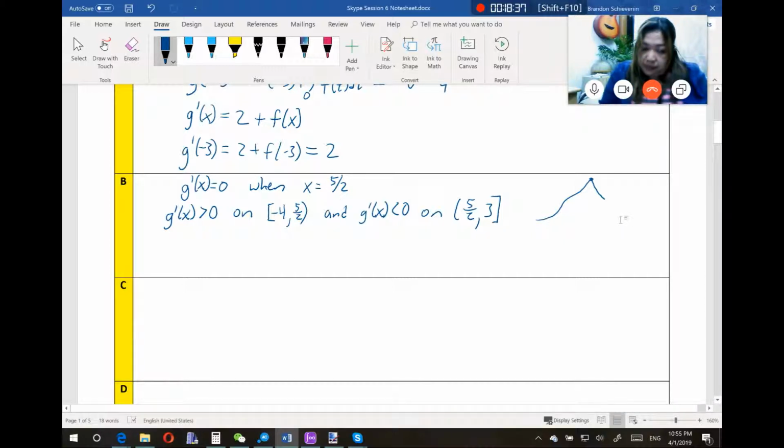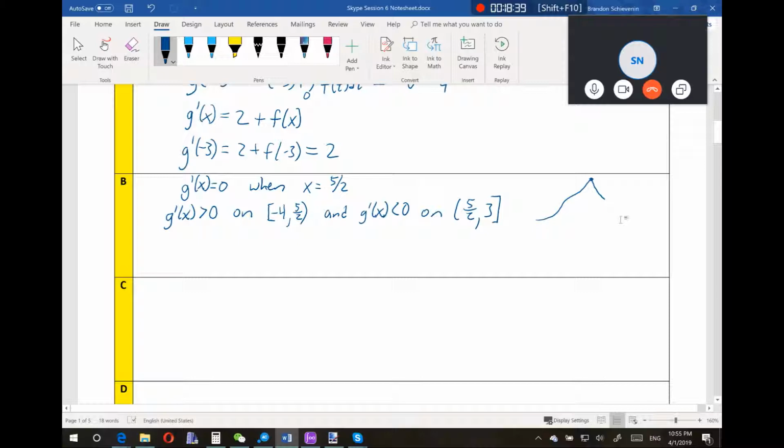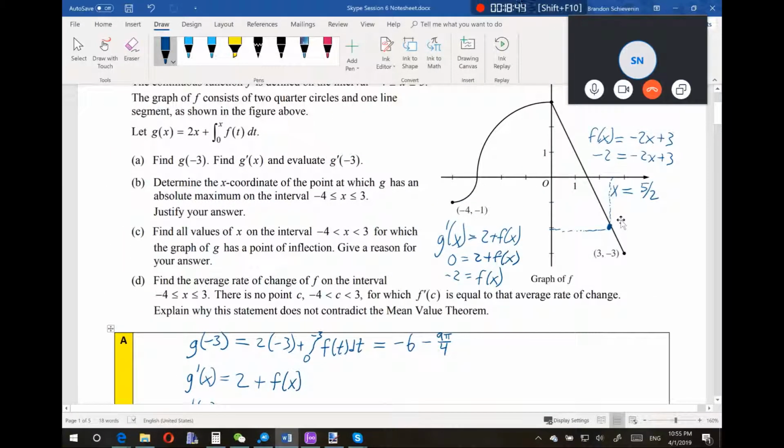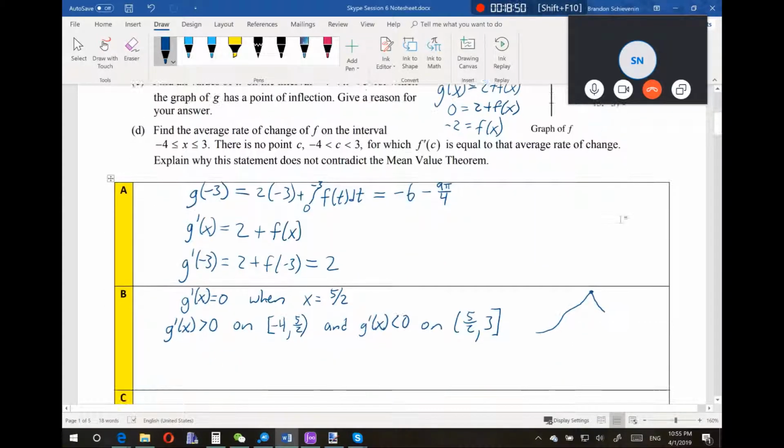No, like only for 0 to 3, since the previous ones might. Oh wait, there's no other critical points. So yes, this is the relative maximum.